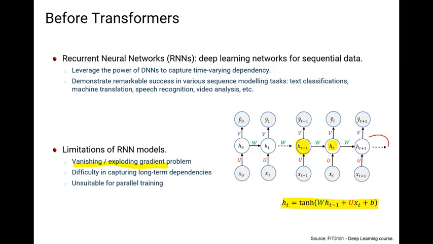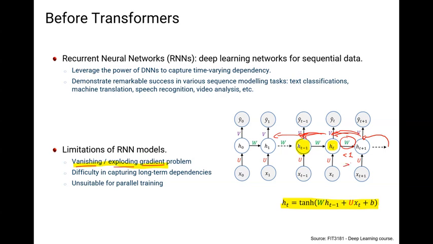The backprop goes from one state all the way back. If this value is bigger than one, then as you go backward the gradient will grow. If it is smaller than one, and you continuously go back, the gradient will shrink. That is why we have the vanishing gradient problem or the exploding gradient problem.